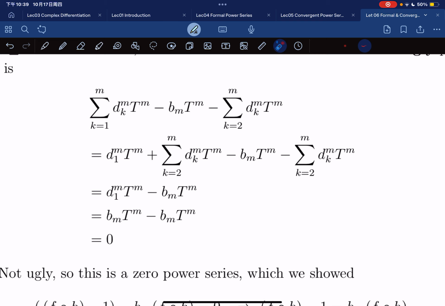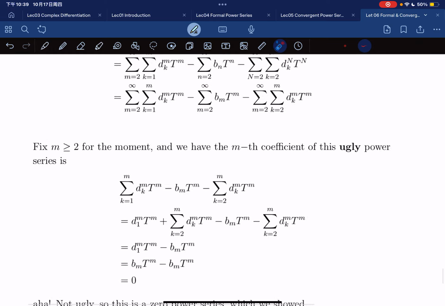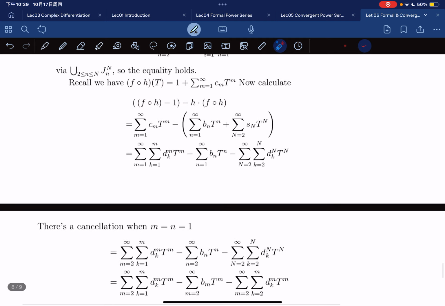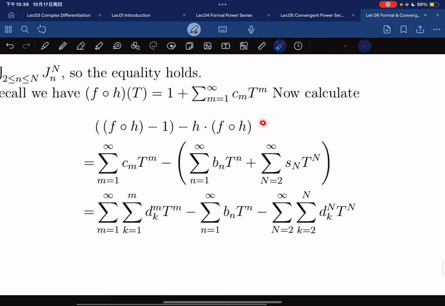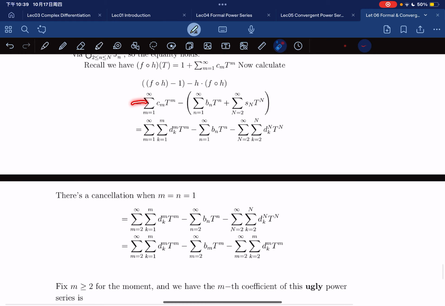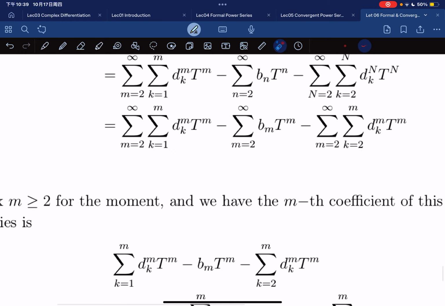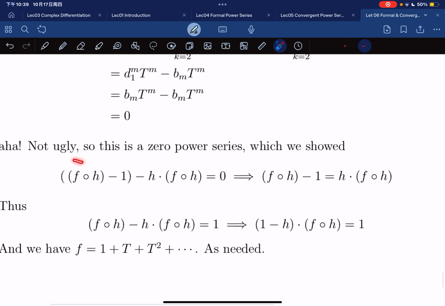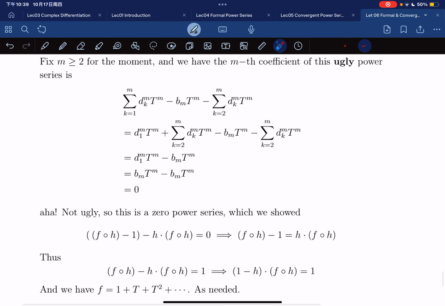One number that adds up to m, which is bm itself, right? Tm, which is equal to 0. So we see that this thing is equal to this, equal to this, equal to this, and is equal to 0. 0 power series. Right, so we show that this is a 0 power series.